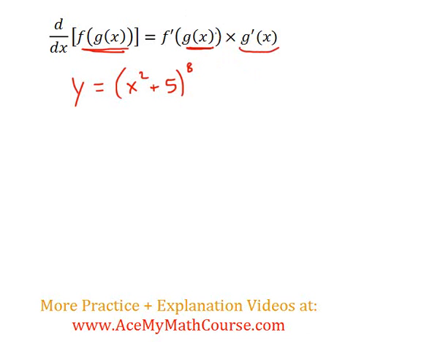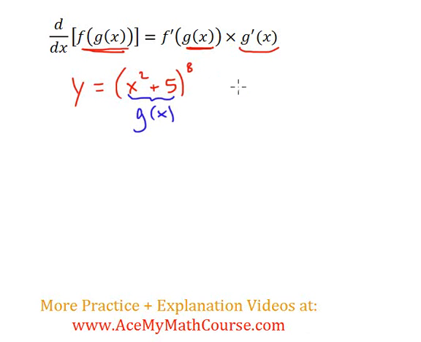So the first step for us is to find and basically break down the original function into two separate functions. I'm going to call the little function here, x squared plus 5, g of x. So that will be my inside function. Now, if that's the case, what is my outside function?